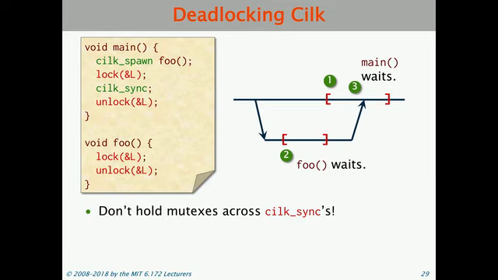That's the lesson there. There are actually places you can, but if you don't hold them across that, then you won't run into this particular problem. A good strategy is only holding mutexes within strands. Okay, so there's no parallelism, so you have it bounded. And also that's a good idea generally because you want to hold mutexes as short an amount of time as you possibly can.